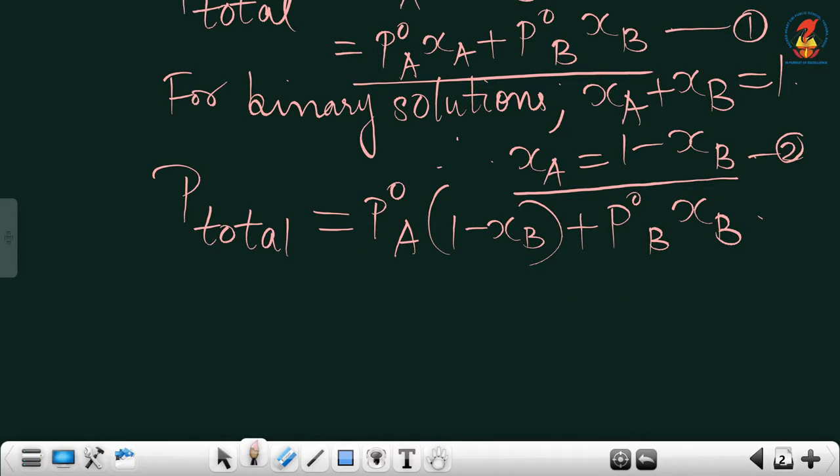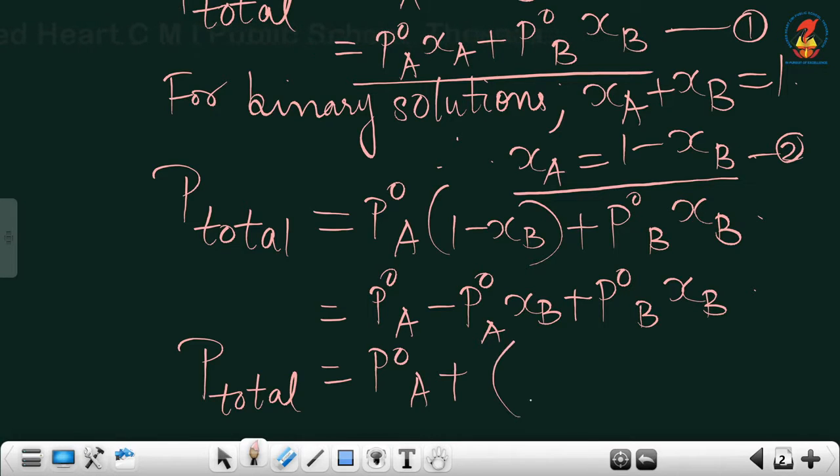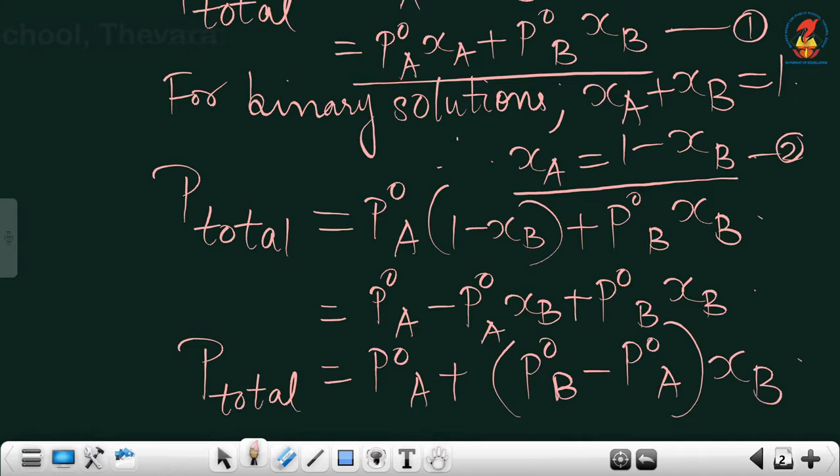Now, removing the bracket, equal to P naught A minus P naught A into XB plus P naught B into XB. Or I can write this as P total is equal to P naught A plus P naught B minus P naught A into XB.